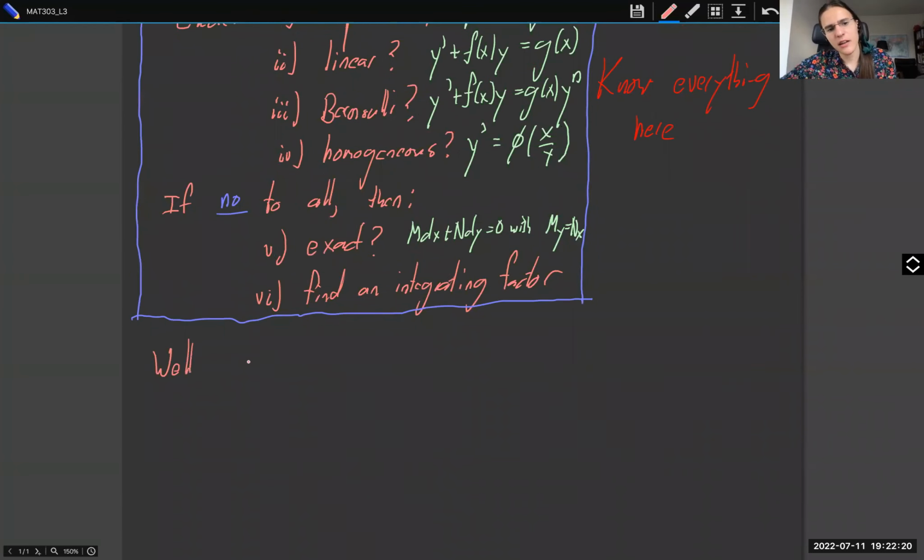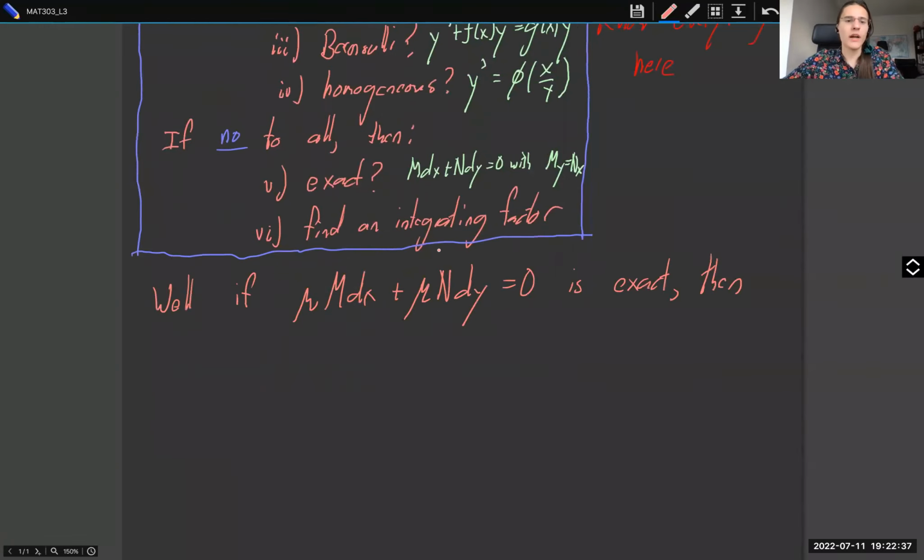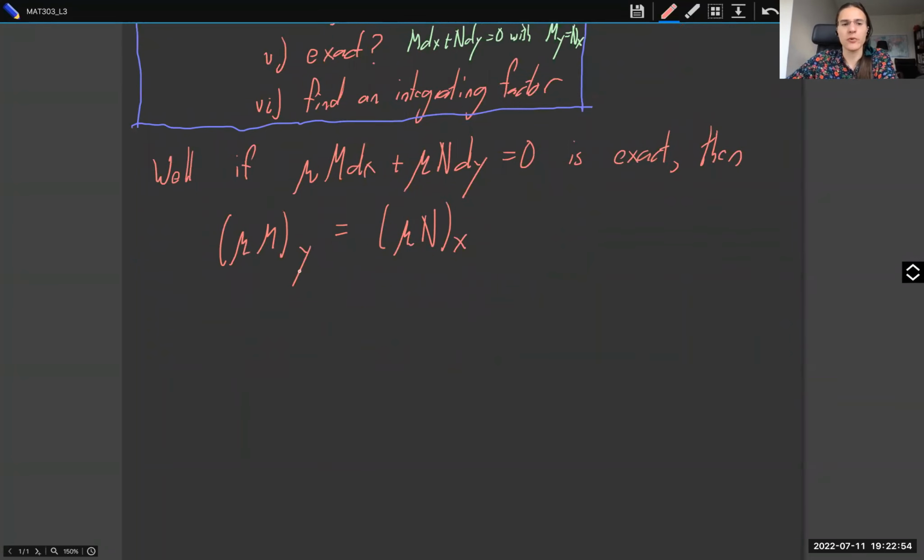Well, if mu M dx plus mu N dy is exact, then what do we know? We know that the partial derivative of mu M with respect to y is equal to the partial derivative of mu N with respect to x. And now we are going to use the chain rule.